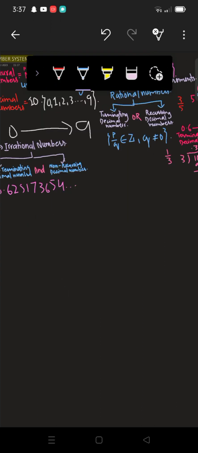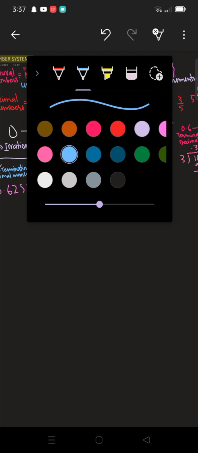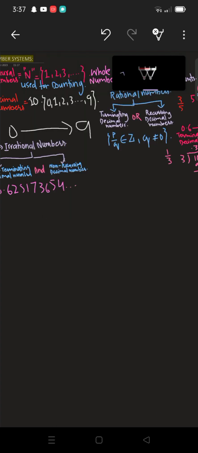Then I'll be making a flowchart here. Okay, let's go with real numbers. Real numbers basically are the union of rational and irrational.